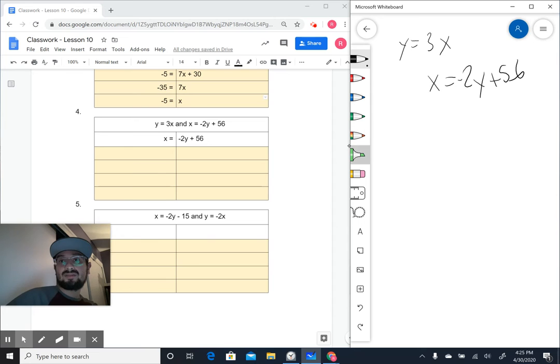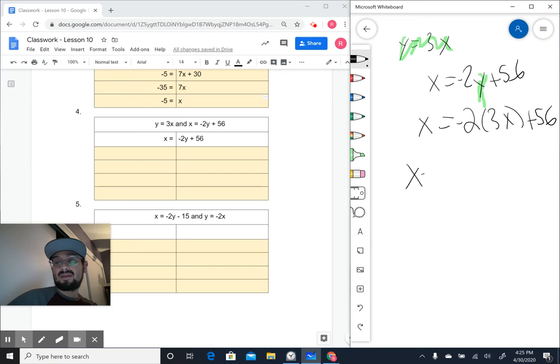So we're going to take this y, plug it into this y. So x equals negative 2 times 3x plus 56. So x equals negative 6x plus 56.